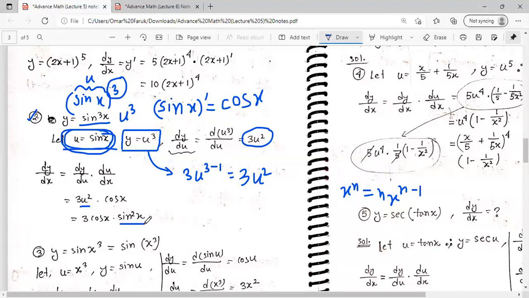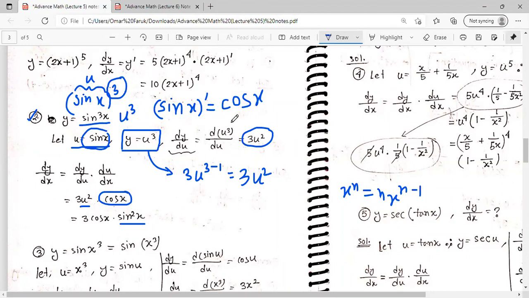I don't understand where this cos x comes from. Okay, cos x. Can you see our inner function? It is u is equal to sine x. So we calculate the derivative of our inner function, and the derivative of sine x will be cos x.